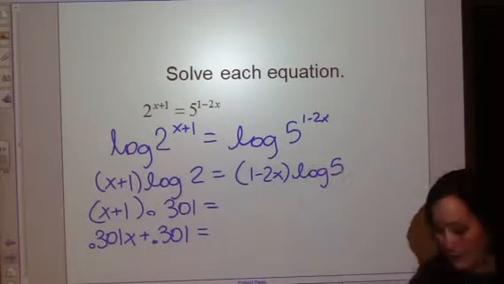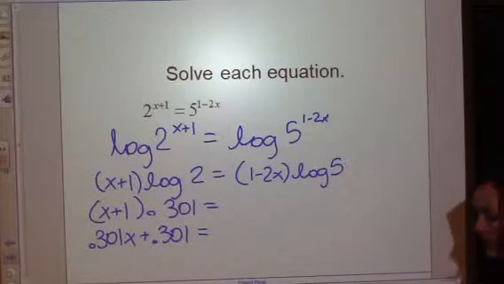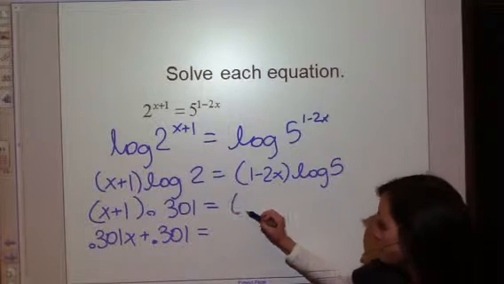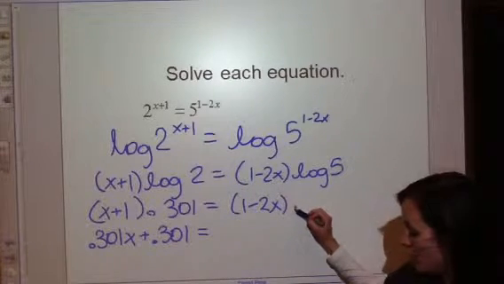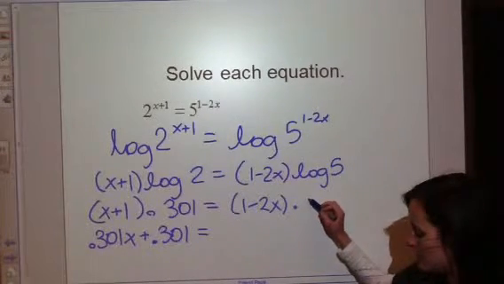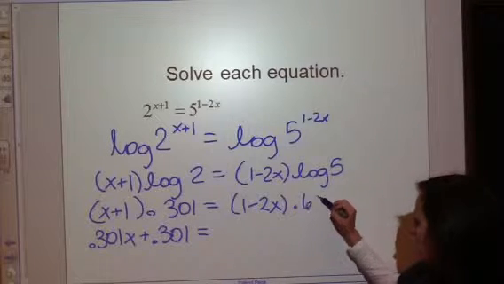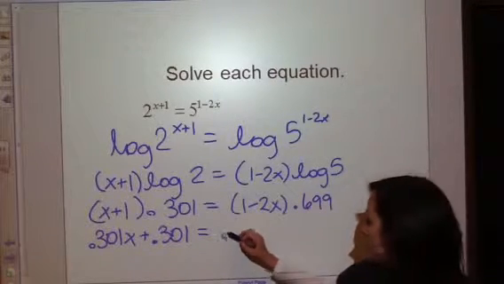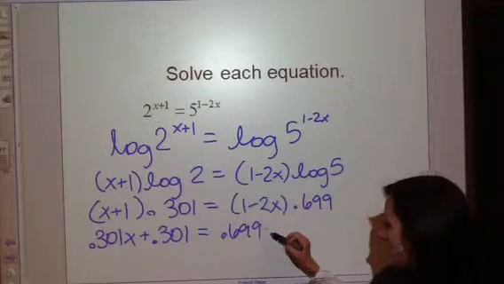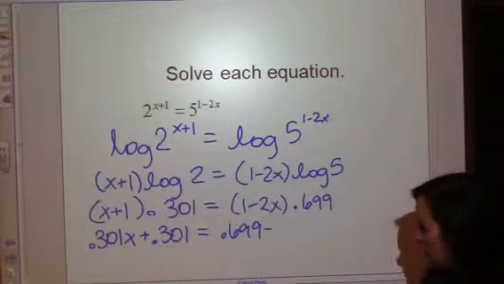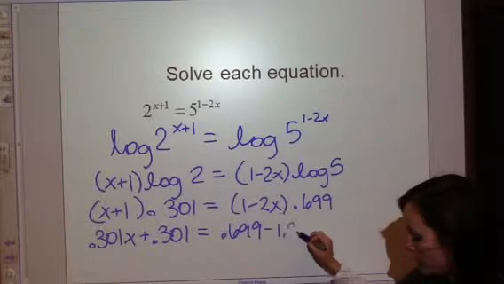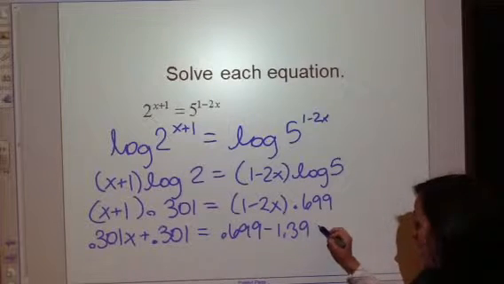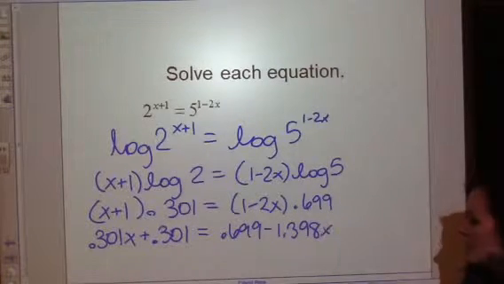Over here, figure out what log of 5 is, and you get 0.699. So distribute and you get 0.699 minus 1.398x.